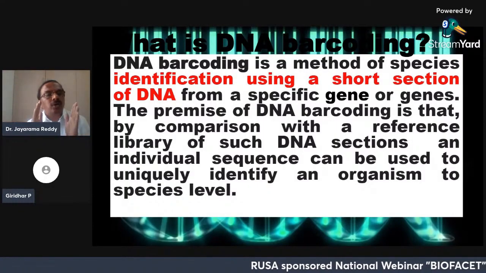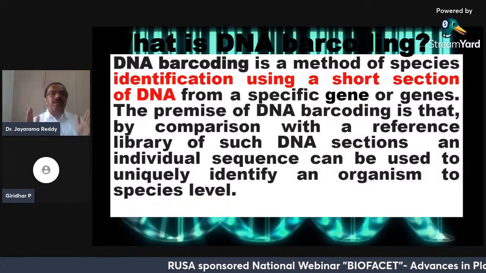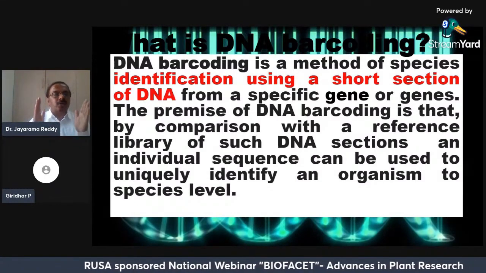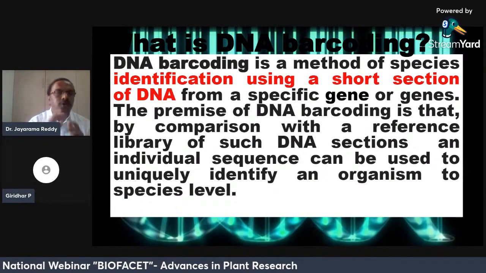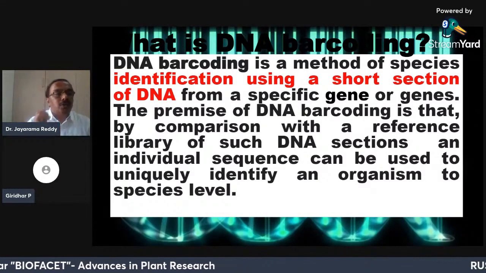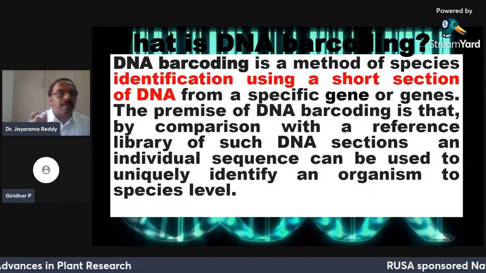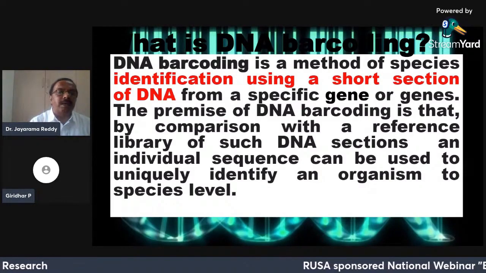So you are not using the entire plant. You don't require a flower to identify the plant. You don't require fruits to identify the plant. We require only a small amount of plant material.